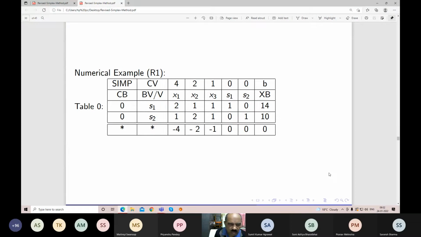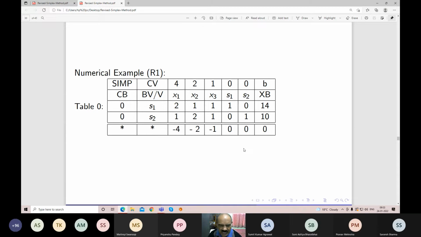In the simplex table, we know that this basis matrix is nothing but an identity matrix, and its inverse is known. If you change one column, what will happen to the new basis matrix inverse?